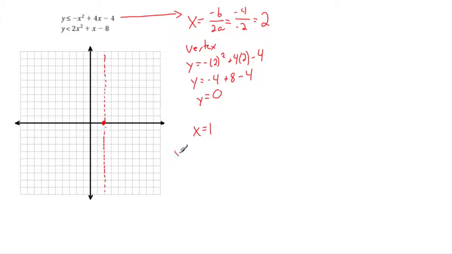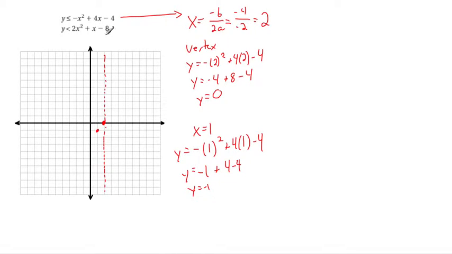Oh, been a long day, I tell you. All right, so if x equals positive 1, I have negative 1 squared plus 4 times 1 minus 4. This is negative 1 plus 4 minus 4. Y equals negative 1. Down here.